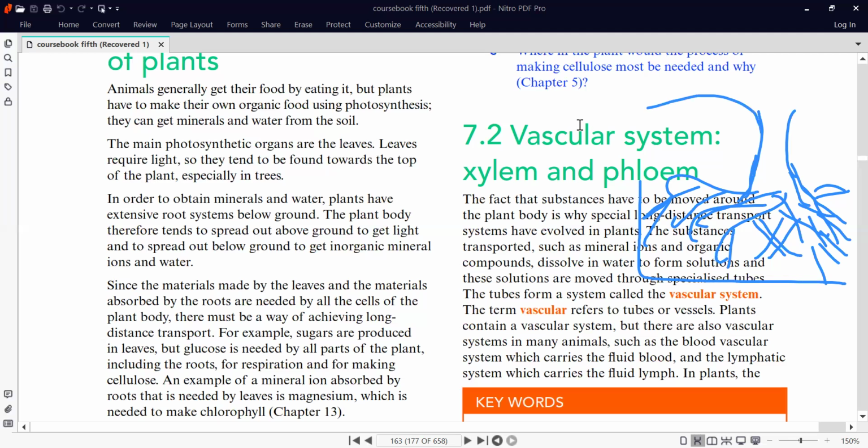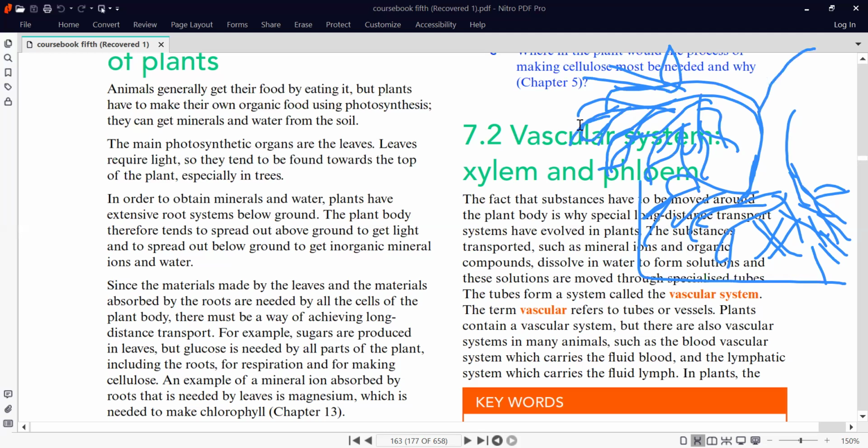So you can also see the lower part is highly branched, like roots are highly branched structures, and these roots increase the surface area for the absorption of water and minerals. In the same way, the upper part of the plant body which is above the soil is also having the leaves, and these leaves are produced on the extensive system of the branches, so they are also again providing a large surface area.